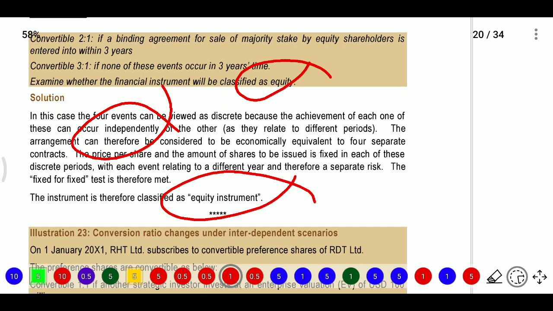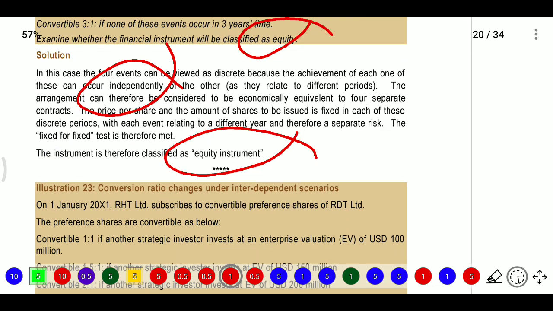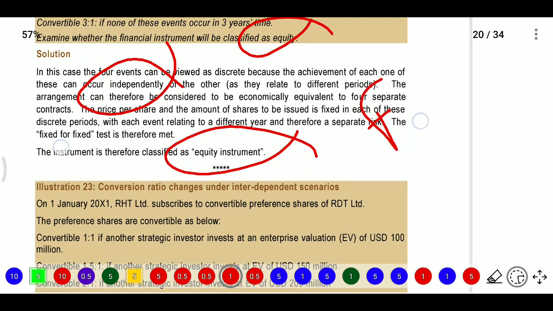The price per share and number of shares to be issued is fixed in each of these discrete periods, with each event relating to a different year and therefore a separate risk. So the fixed-for-fixed test is met.